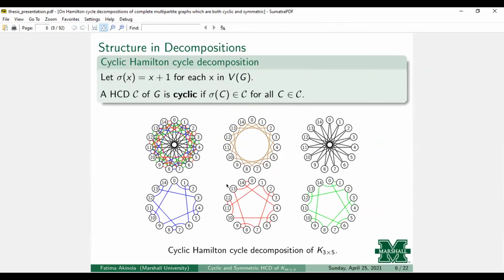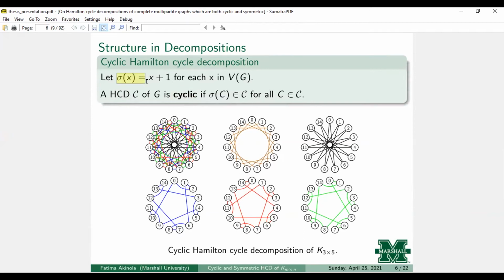Okay, so we looked at two structures. The first structure is, and I'm sorry if I'm too fast, I just wanted us to get to the fun stuff, but we need all of those introductions before we get there. Remember I said a Hamilton cycle decomposition is you taking a graph and decomposing it into Hamilton cycles. Well, it is cyclic if you apply sigma.